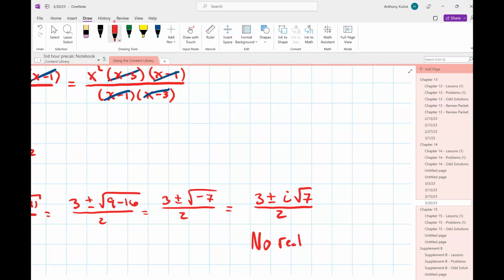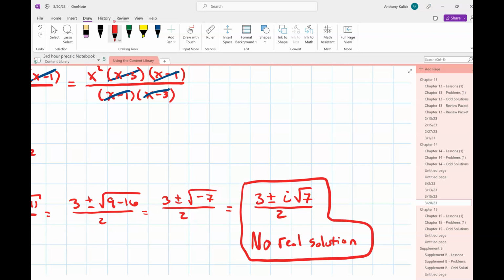Oh, the imaginary universe. Just sounds funny. Since we got an imaginary solution there, that means there's no real solution.